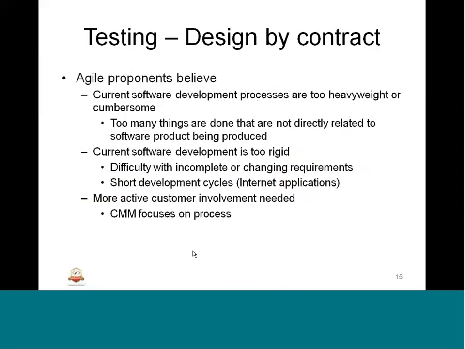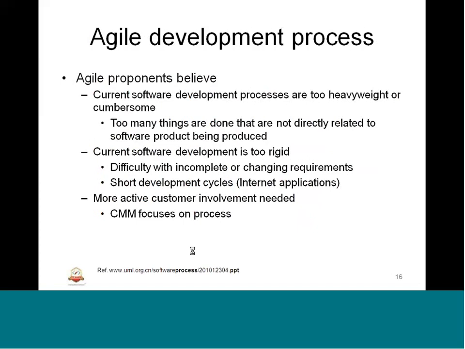Then we went through a process called the agile development process. They basically use it for short duration, time to market sort of applications, embedded applications or embedded systems, which is totally away from the normal software development process.